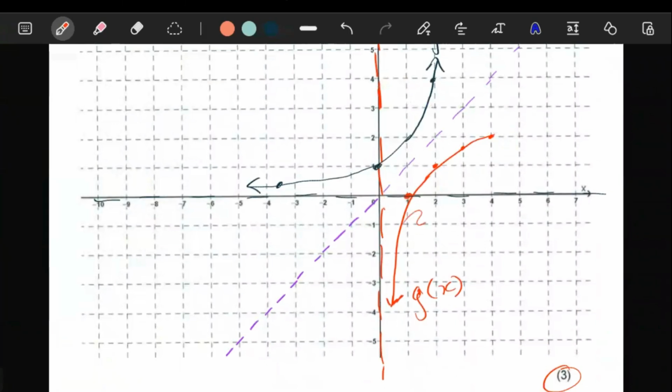Everywhere here on the graph of G, the gradient is always bigger than 0. Is it? Yeah. Everywhere on this graph, the gradient is bigger than 0. The reason why is because on this graph, the y values are increasing every time you are increasing your x values.